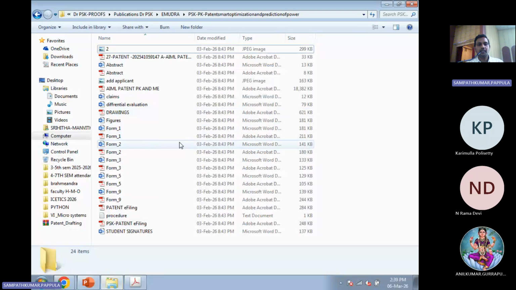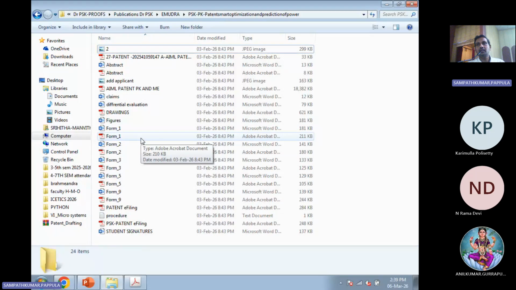First is Form 1, Form 2, Form 3, Form 5 and Form 9. These are required, along with the abstract of your paper or your idea. Then separately you require the figures and the description of the figures.